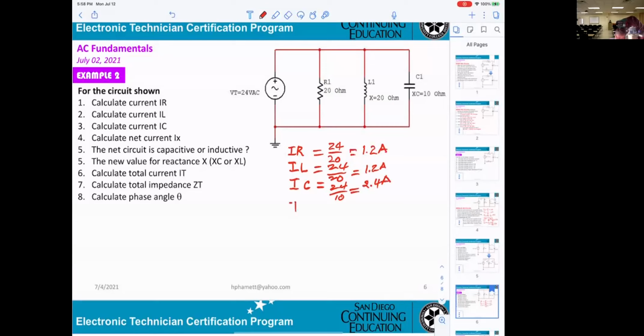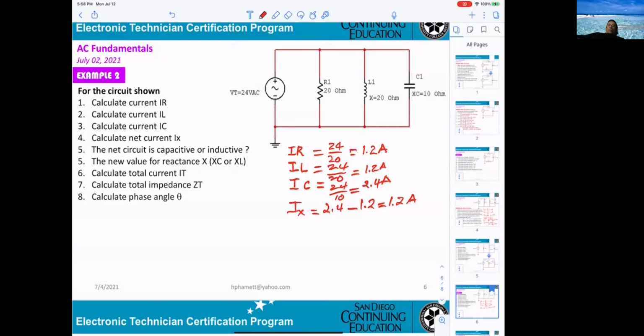And now you can calculate right away. Net current will be 2.4 minus 1.2. Is it 1.2, right? Yes, sir. And the circuitry will be what?